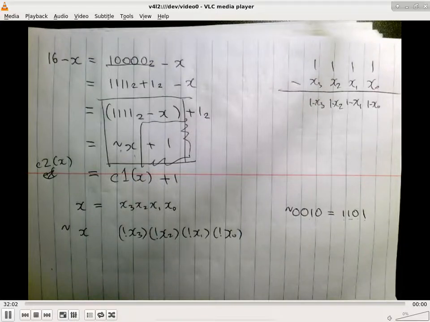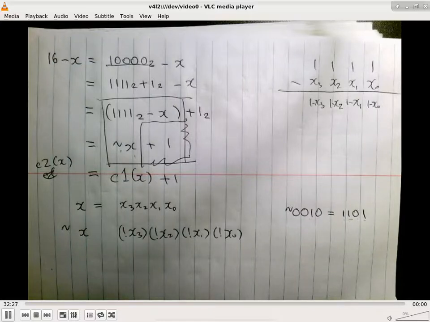You flip all the bits, you add 1, that's 2's complement. Mechanically speaking, it's not that difficult. But the big question is, is that really the same thing as arithmetic negation? That is something we want to find out because it seems way too convenient.